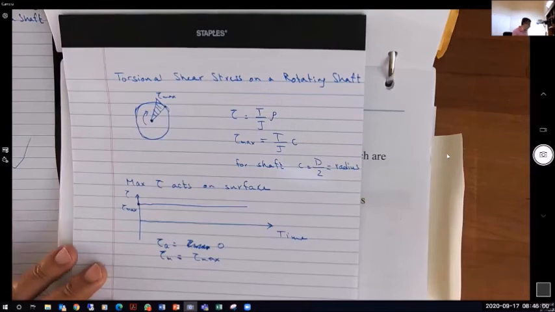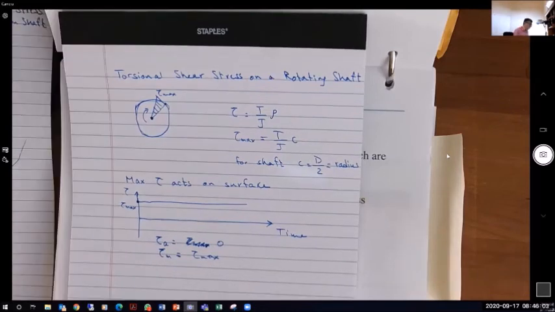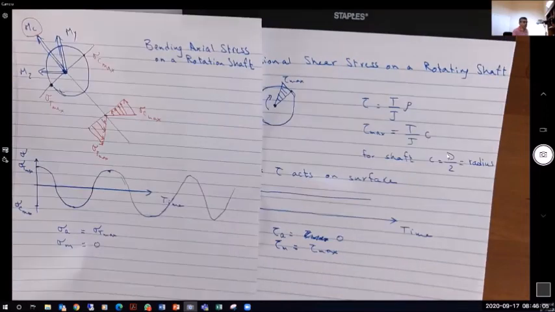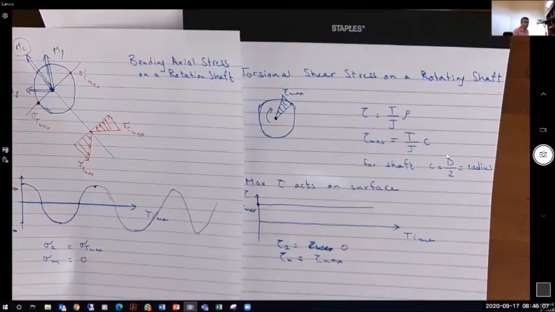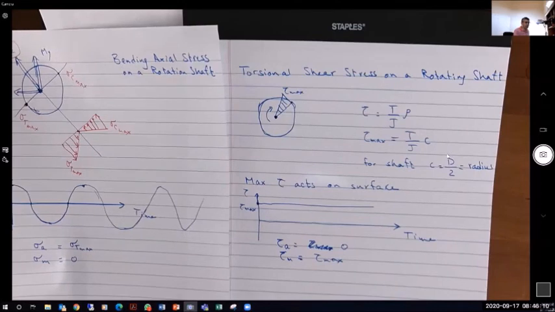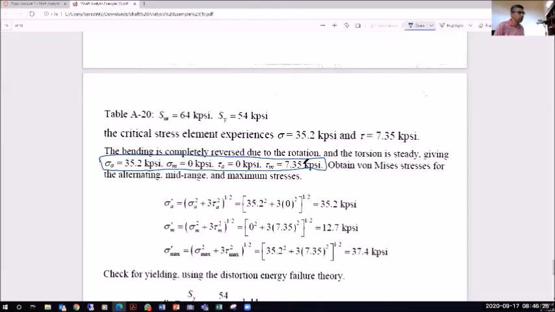So this is how we can take the bending axial stress and torsional shear stress to find sigma A, sigma M, tau A, and tau M. Okay? So this is where these numbers came from. Now, again, this is a case of combined stress. So what you have to do here is find the equivalent axial alternating stress and the equivalent mid-range stress.